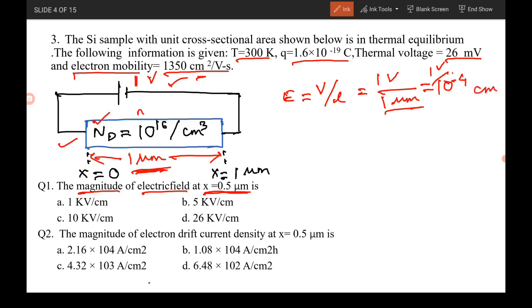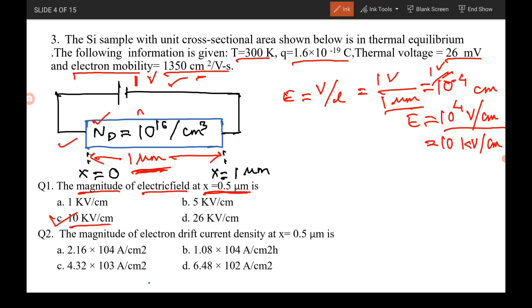Okay, so 1 micrometer is nothing but 10 to the power minus 4 centimeter, which will be equal to 10 to the power 4 volts per cm. So this is our electric field. So 10 to the power 4 volts per cm is 10 kilovolts per centimeter. Okay, 10 kilovolts per centimeter. So our answer is option C, that is 10 kilovolts per centimeter.